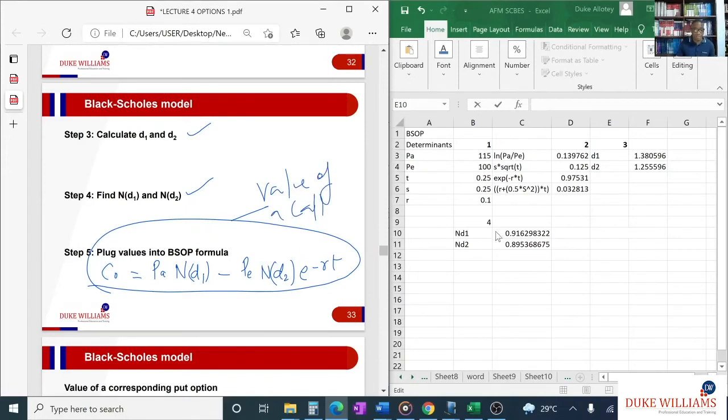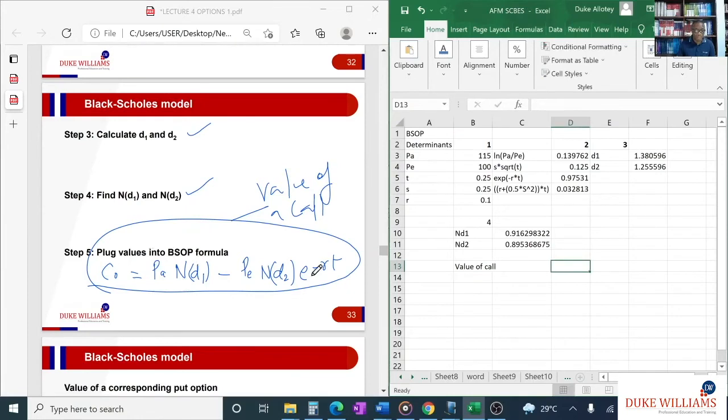So what I see on the left here, all I need to do is to work out what the value is. I can again decide to restrict the number of decimal places and keep life simple. So let's say value of a call. Now, what is that value?